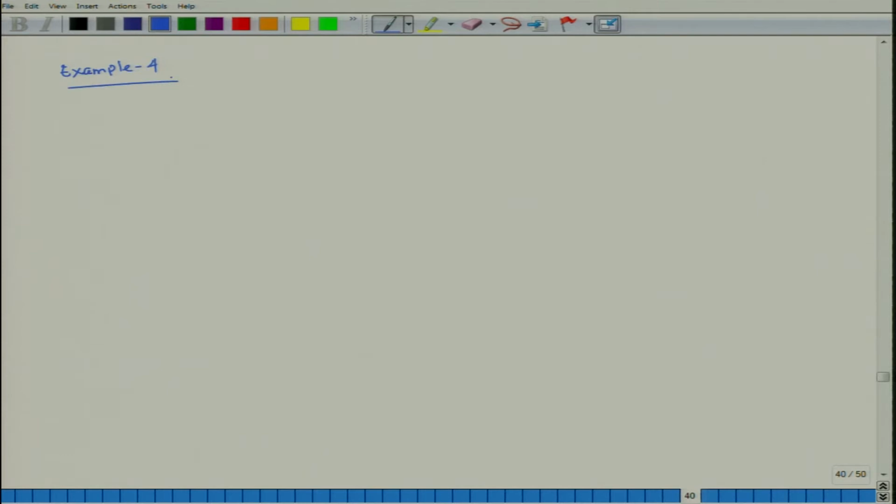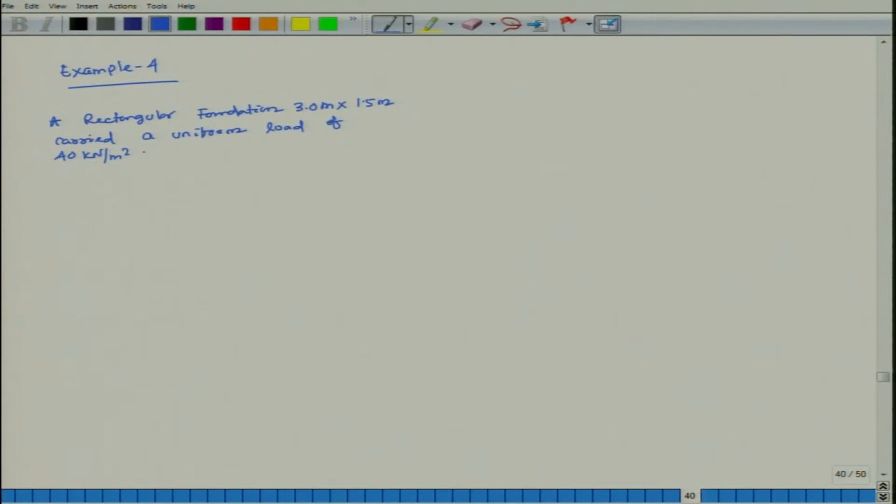Example 4. A rectangular foundation (3.0 meter by 1.5 meter) carries a uniform load of 40 kilonewton per meter square.